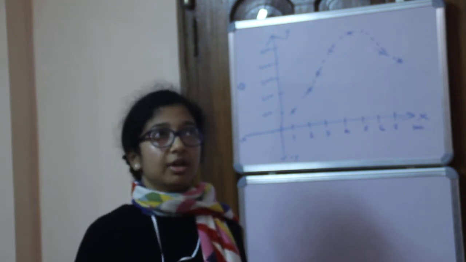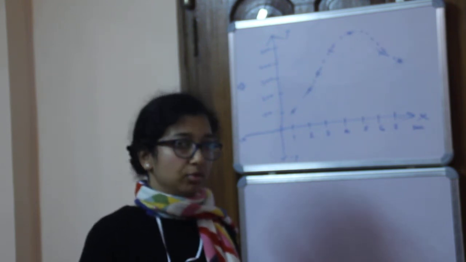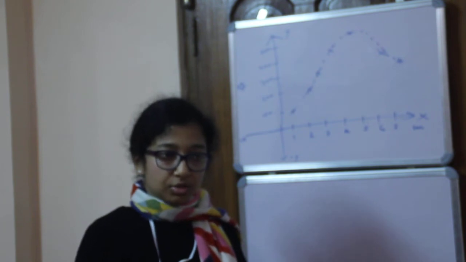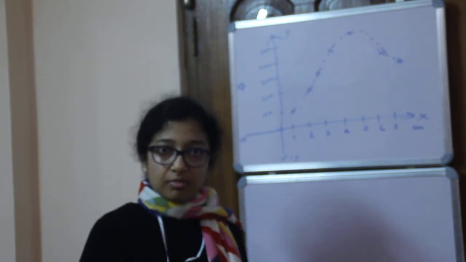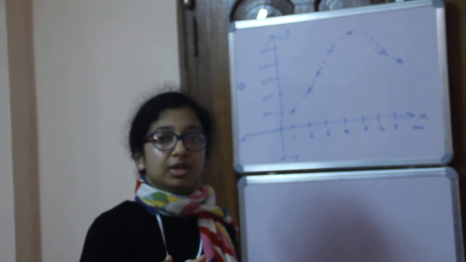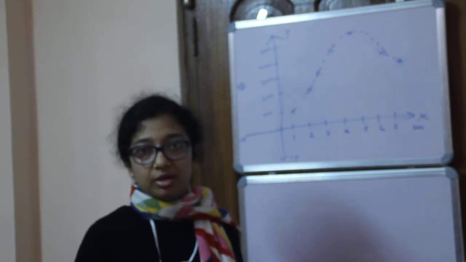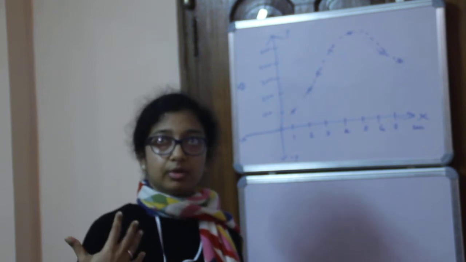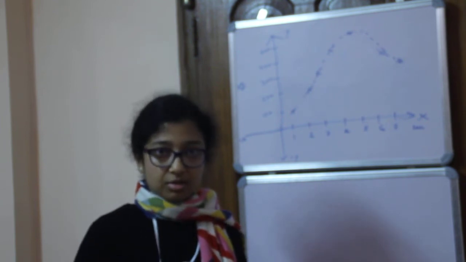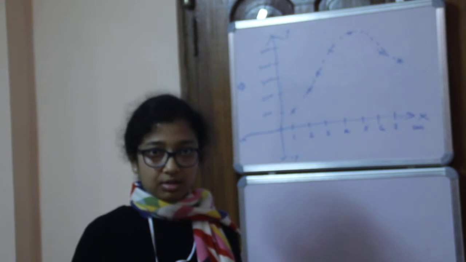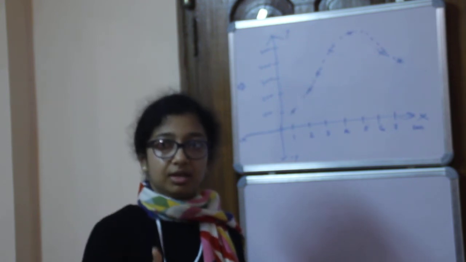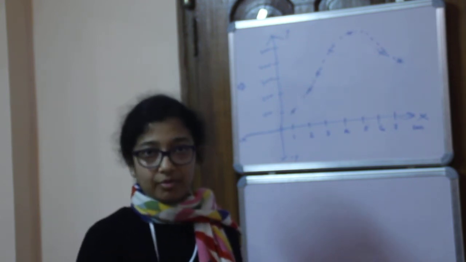So actually, what I was trying to tell is, if you have to tell somebody how the two parameters are related, generally you will go for the simplest one, that is a linear form. If you take a very complex non-linear form, it's very difficult to visualize or understand. So whatever the data is, we always try to make it in linear or straight line form.